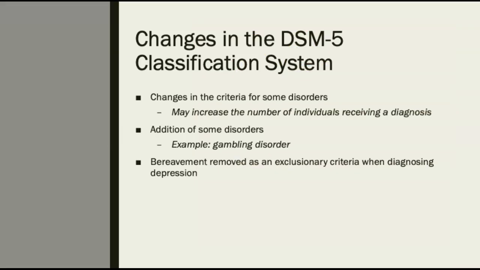Changes in the DSM-5 classification system. Changes in the criteria for some disorders may increase the number of individuals receiving a diagnosis. An addition of some disorders in the DSM may also increase the number of individuals receiving a diagnosis.